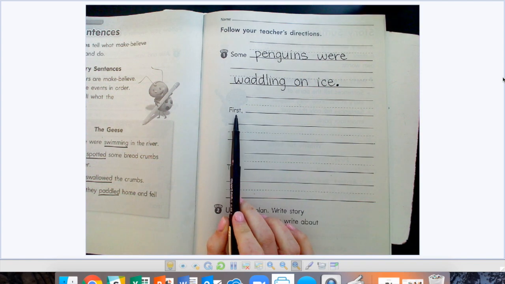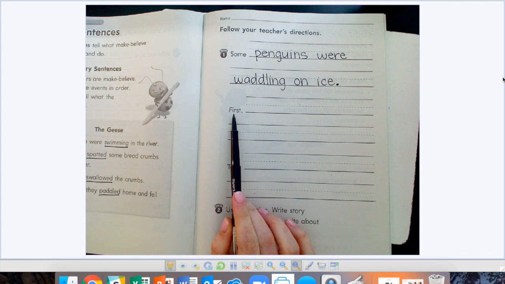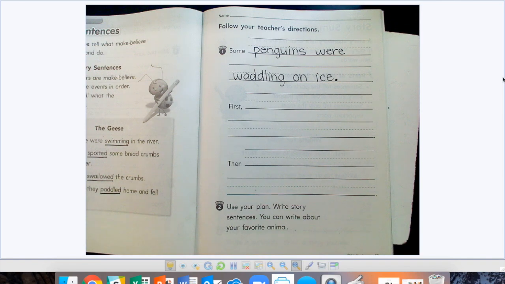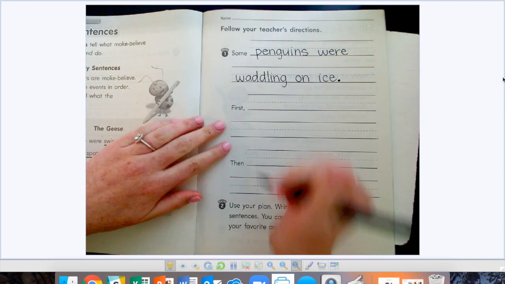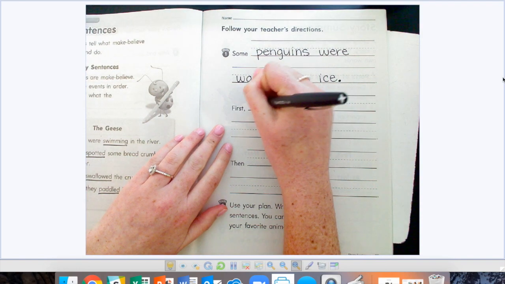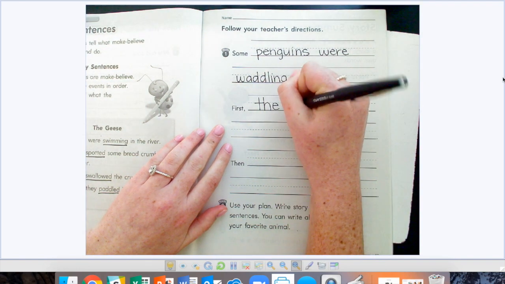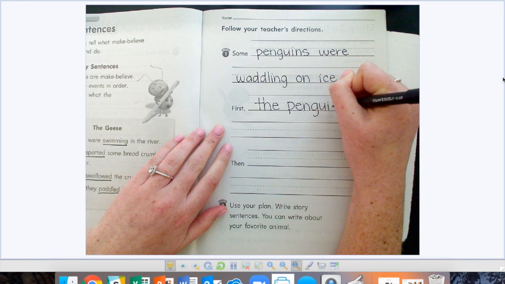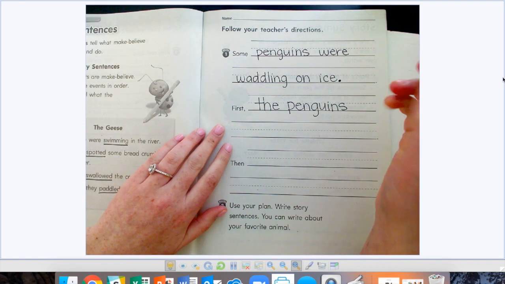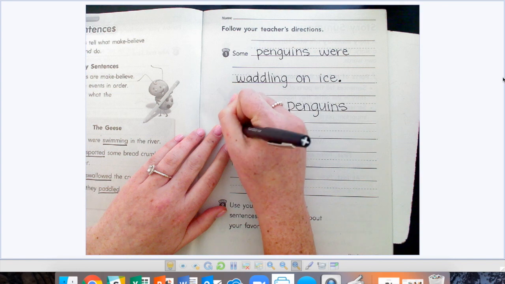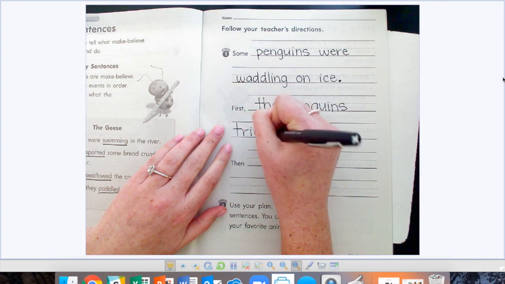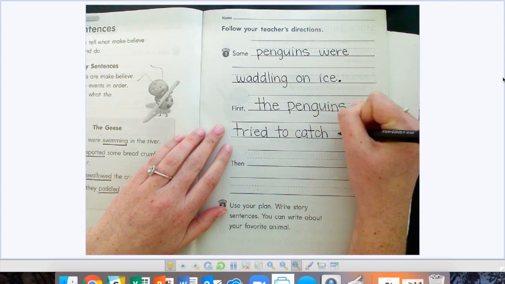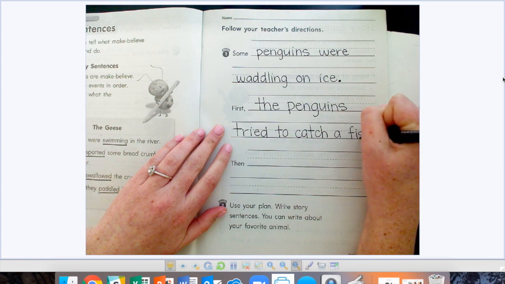Now we see our first transition word, or our word that tells the events in order. First and then. First, the penguins tried to catch a fish.